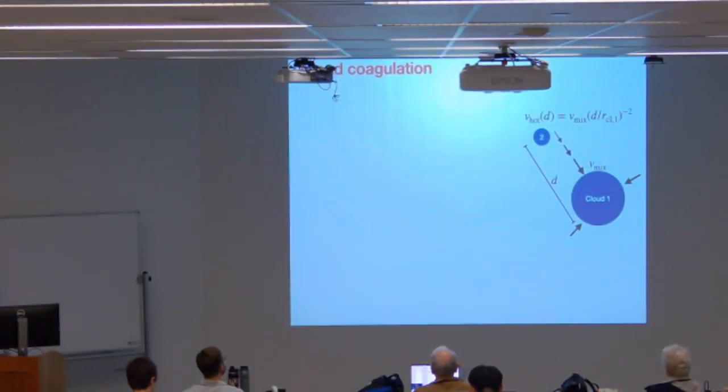Here I briefly talk about why clumps merge or coagulate. This is our idea from the 2022 paper. Given there are two clumps, cloud 1 and cloud 2, because of the cooling at the surface of clump 1, it drives entrainment.